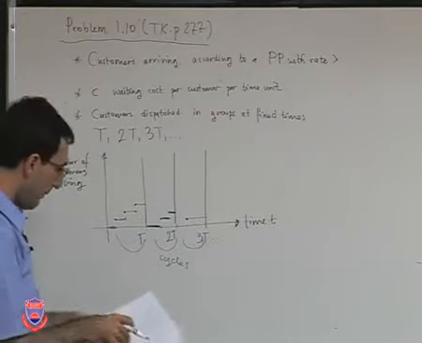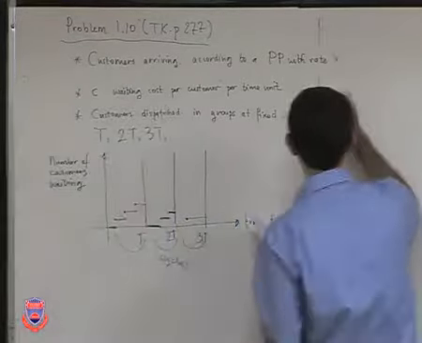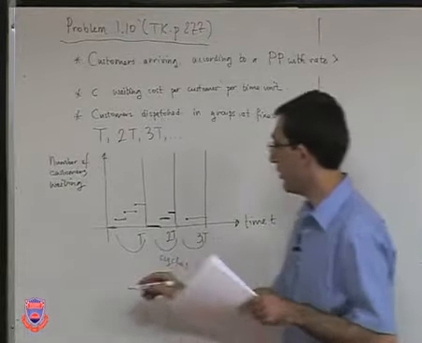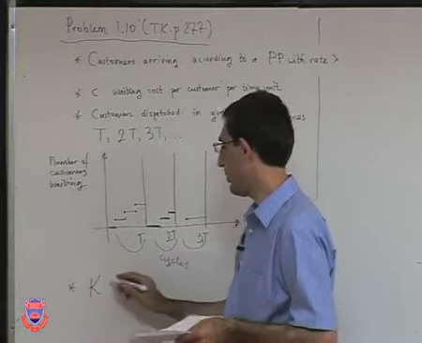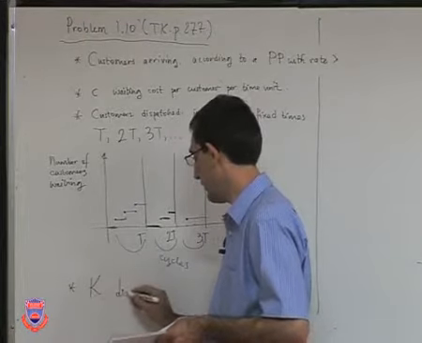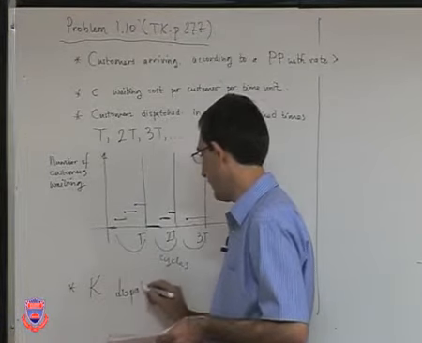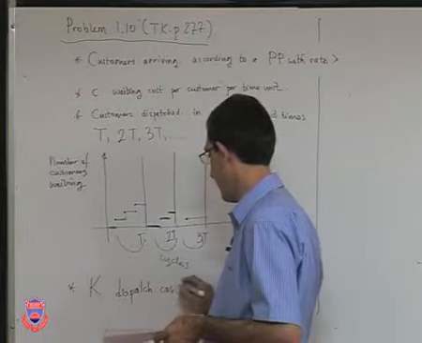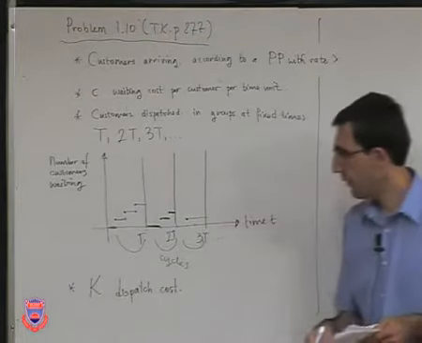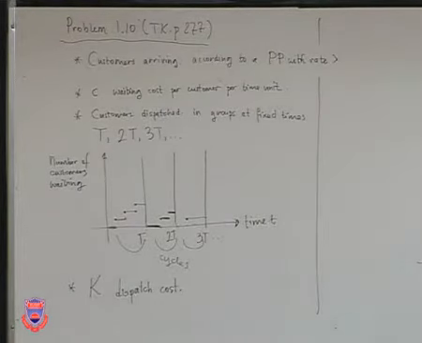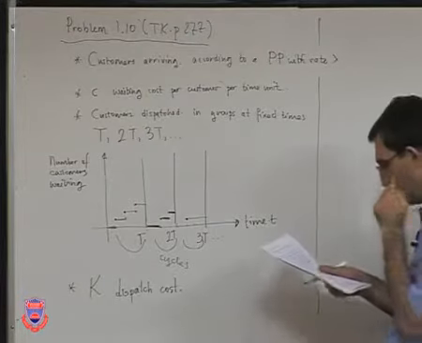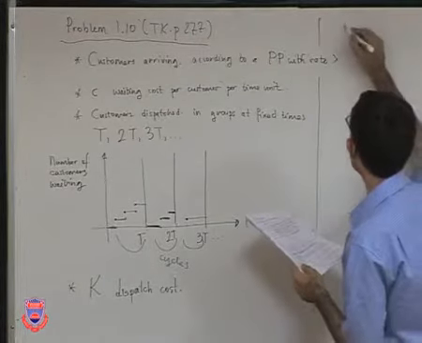We should also mention that we have a dispatch cost K. This is a fixed cost that we pay for each dispatch. It is constant; we know beforehand what it is.